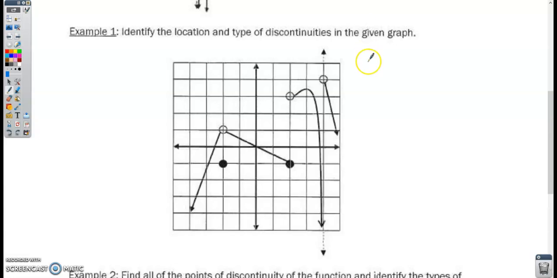First of all, at x equals -2, this x value right here, we have a discontinuity. It's the kind of discontinuity where the limit exists, the limit from both sides is the same, but the function value is not the same as the limit. And so here we have a removable discontinuity.